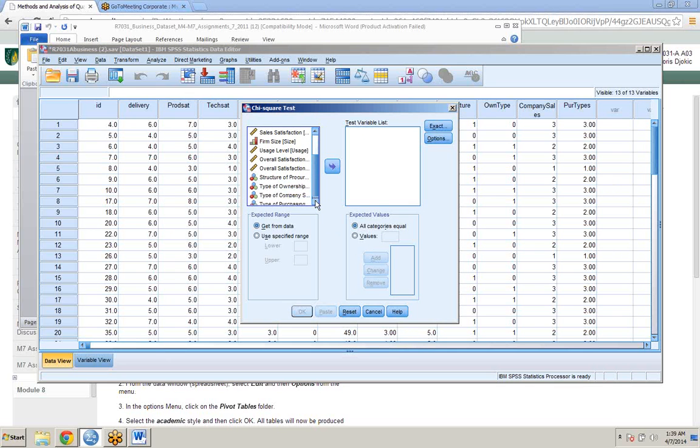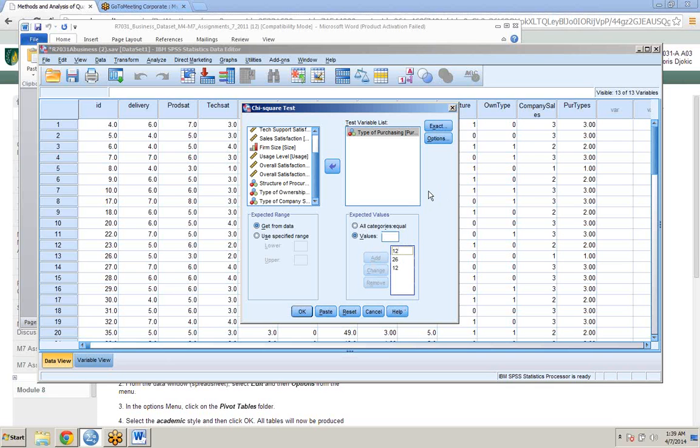We're going to find the purchase type, type of purchasing, and then we don't need to use all categories equal, but we need to enter the values. We enter 12, we add, then 26, we add, then 12, and we add.